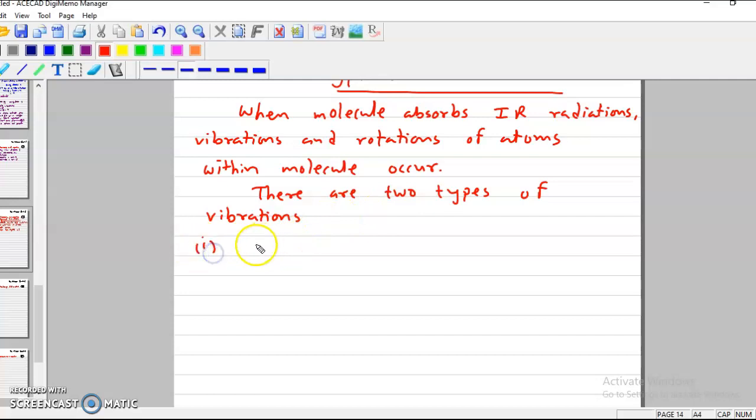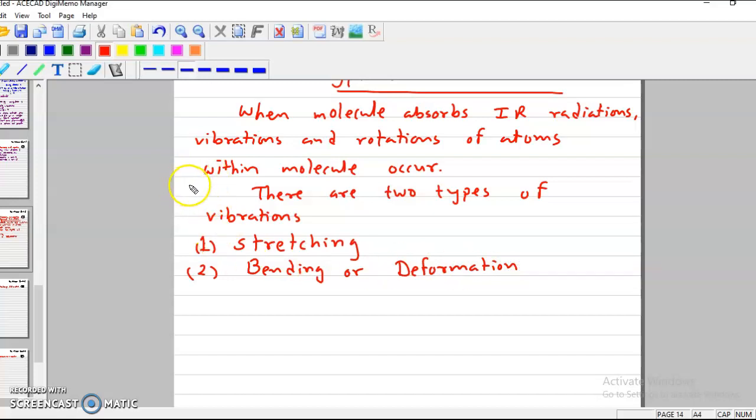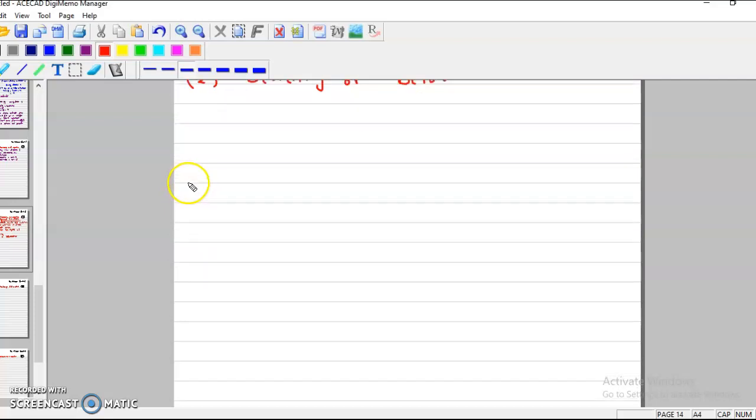First one, stretching, and second, bending or deformation. So first of all, let us take stretching.